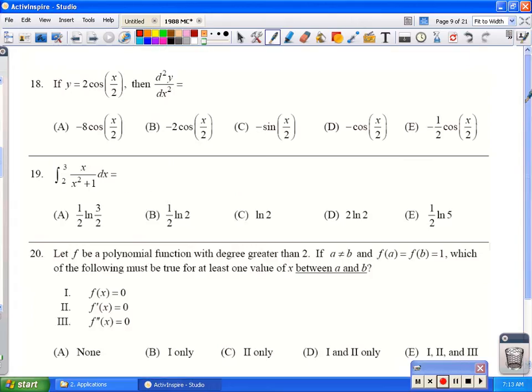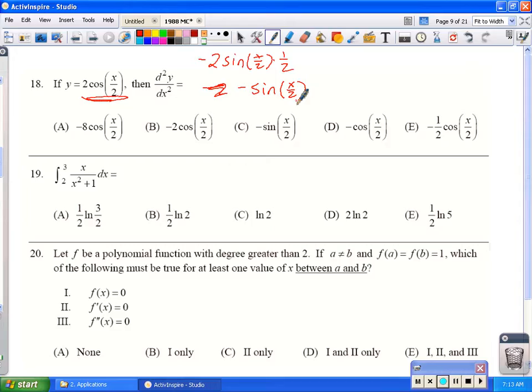Problem number 18, we're finding the second derivative. So we're going to use the chain rule here. The derivative of cosine is negative sine, so I get negative 2 sine of the angle times the derivative of the angle. The derivative of the angle here is 1/2. Half of negative 2, so I get negative sine of x over 2 as my first derivative.